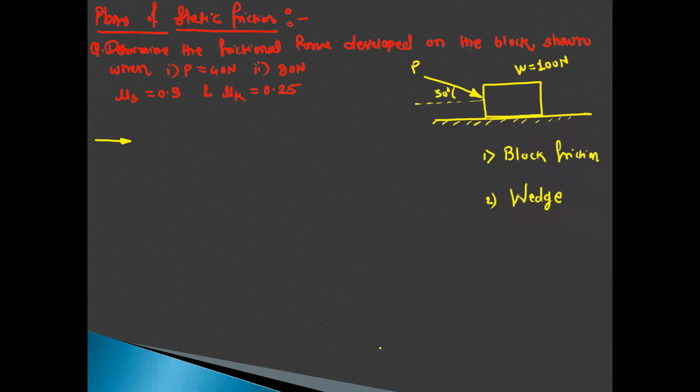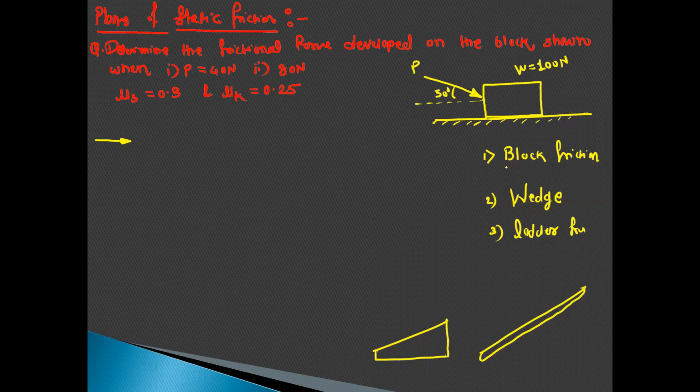Wedge shape means like this. And third we have ladder friction, so the ladder friction means the object will look like a rod. Okay, so in your syllabus we have these three types of problems on friction. Now we will discuss the block friction.